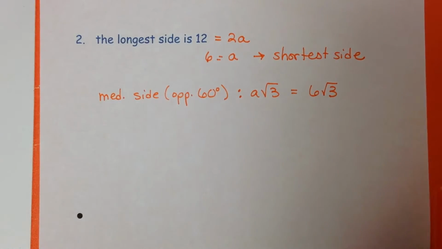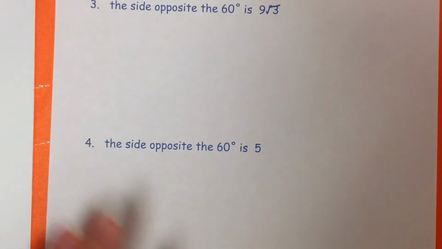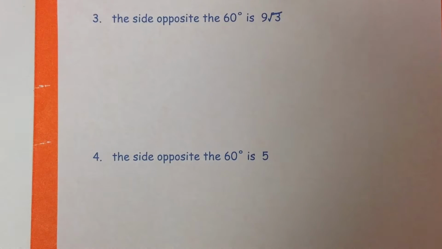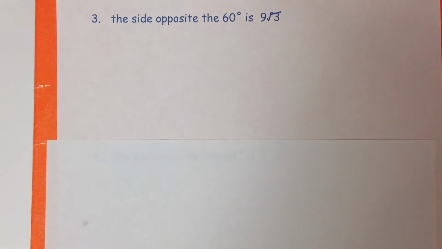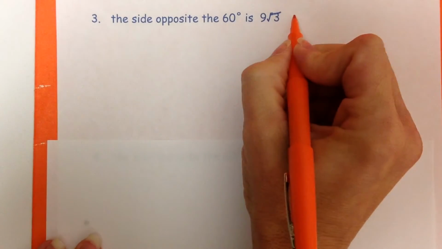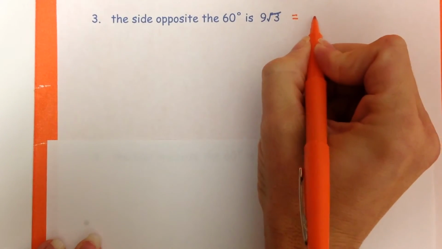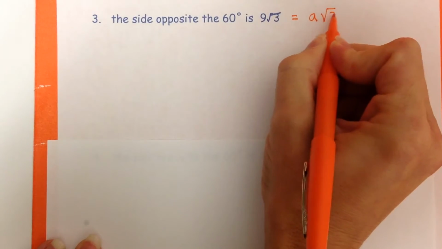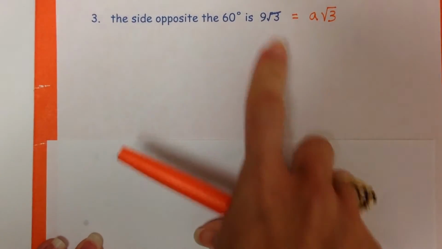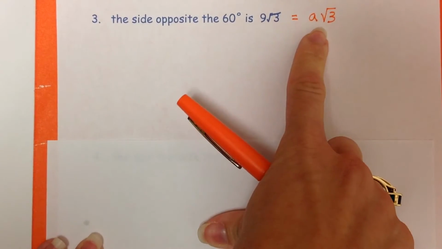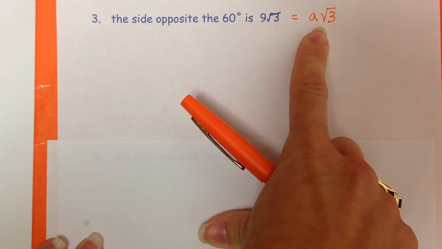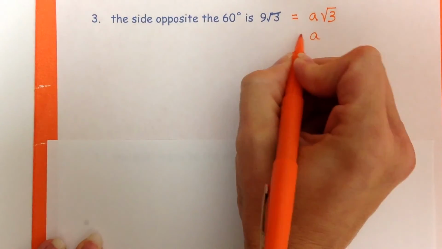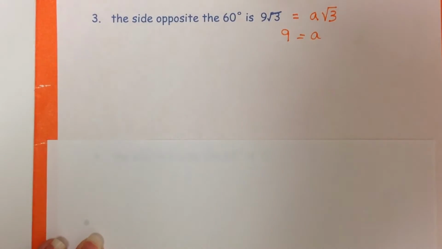Okay, next one. So this time I'm starting you out with the side that's opposite the 60-degree angle. So the side that's opposite the 60-degree angle is A square root 3. So I have 9 square root 3 is equal to A square root 3. So that means the value of A would have to be 9.